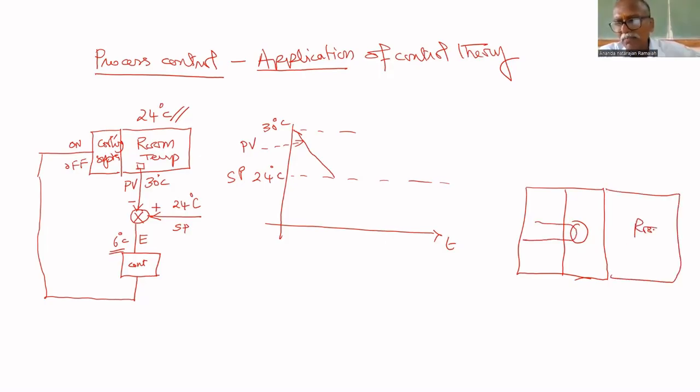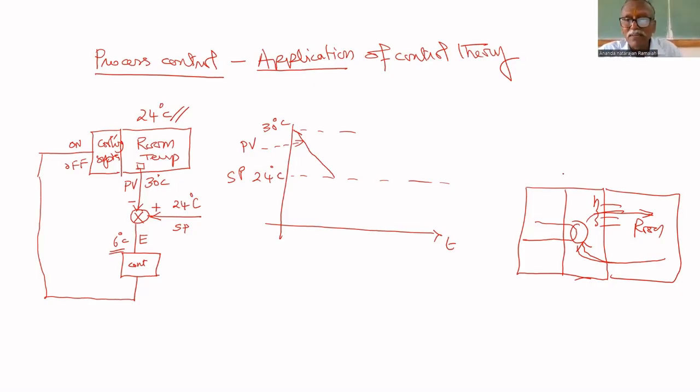The air goes in and a fan blows it out. It sucks the room air and blows it out, so the room air falls on this element, gives away its heat and comes out again. That's why temperature decreased from 30 degrees to 23.9.